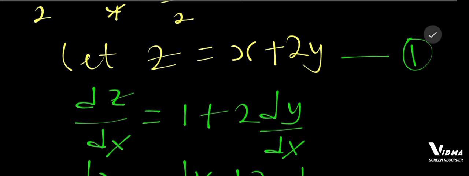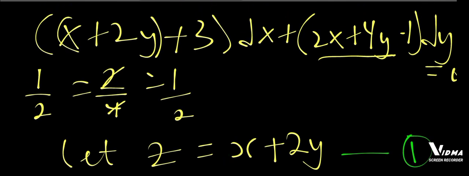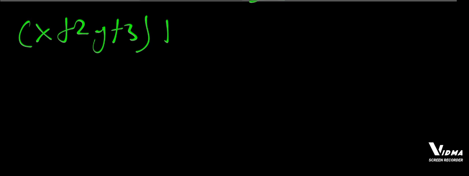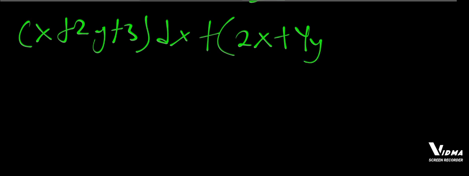So I'm going to substitute this z and dy into my main equation. Let me rewrite it here again so that we see what is happening. So we have (x plus 2y plus 3) dx plus (2x plus 4y minus 1) dy equal to 0.